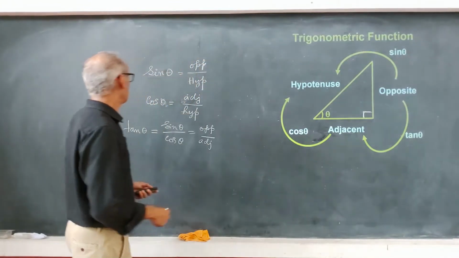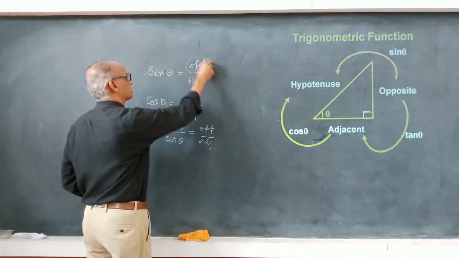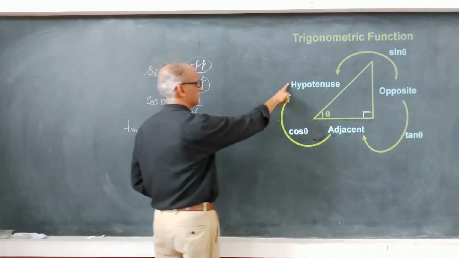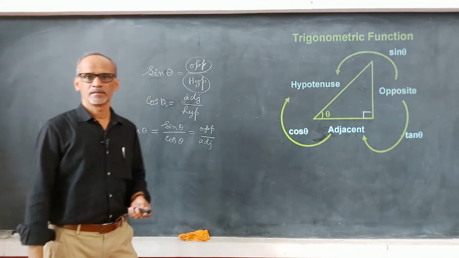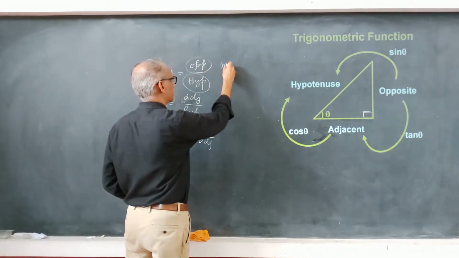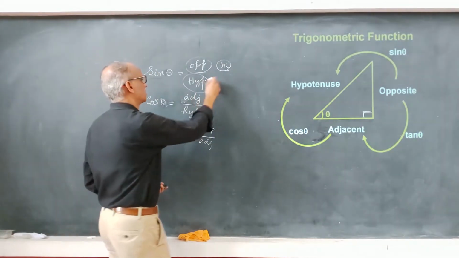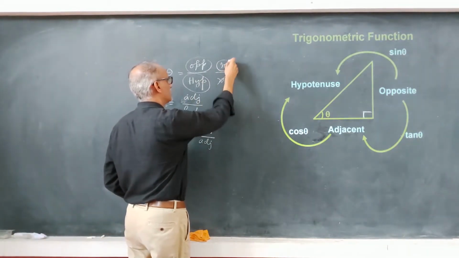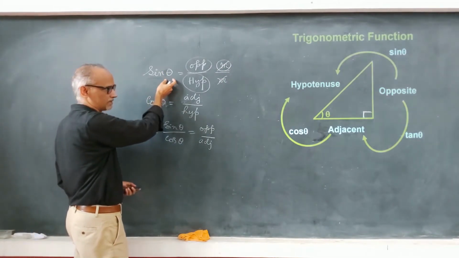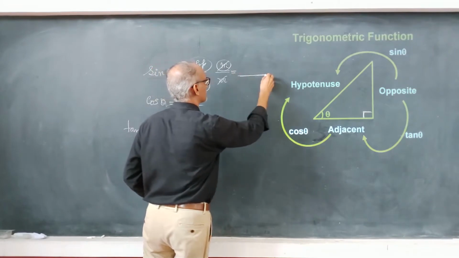Okay. Now once we find the ratio of the opposite side and the hypotenuse side, these are sides of the triangle, and sides are measured in terms of meter or centimeter, correct? The other side is also measured in meter, and this meter will get cancelled. That means the sine of that particular angle theta is always a number.